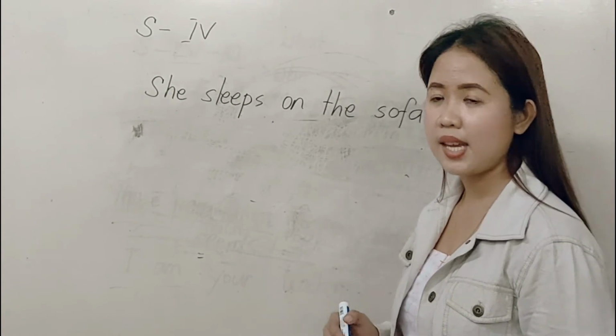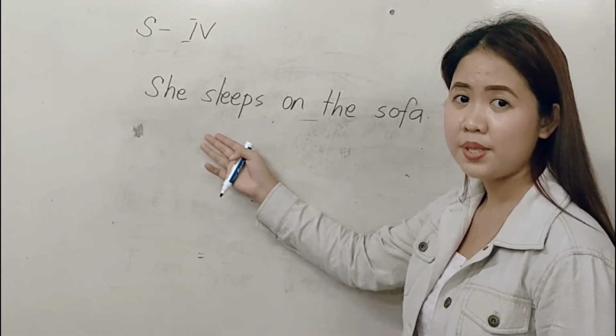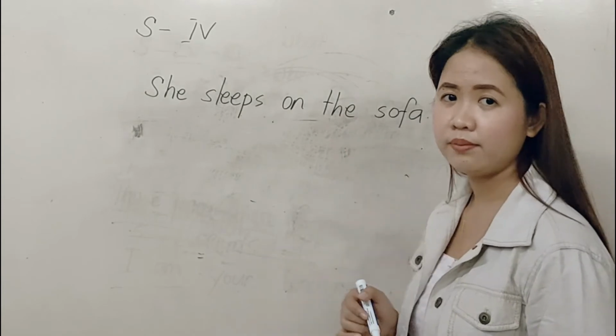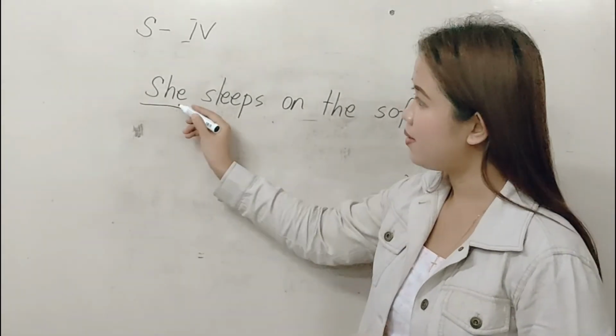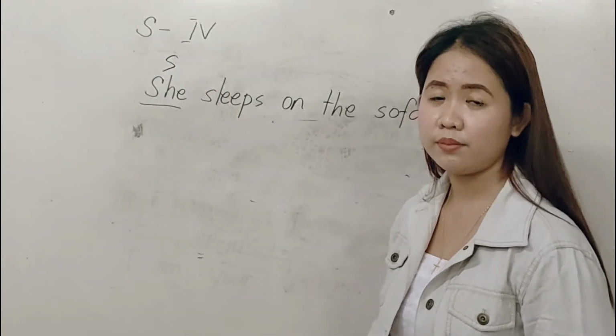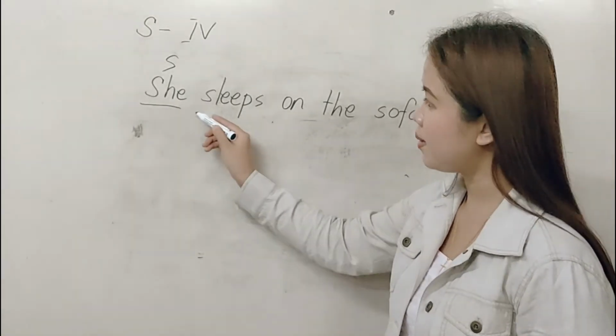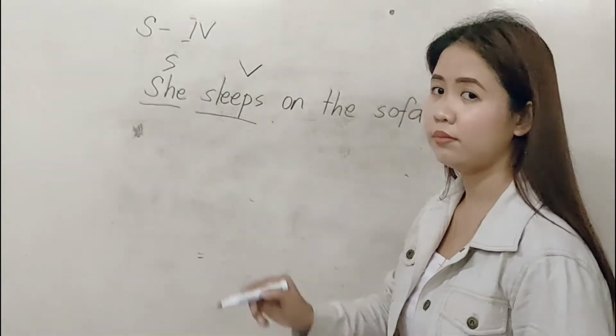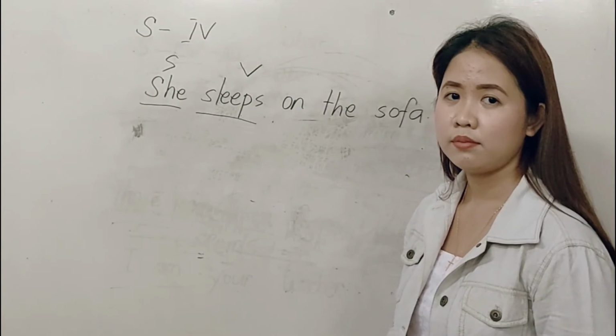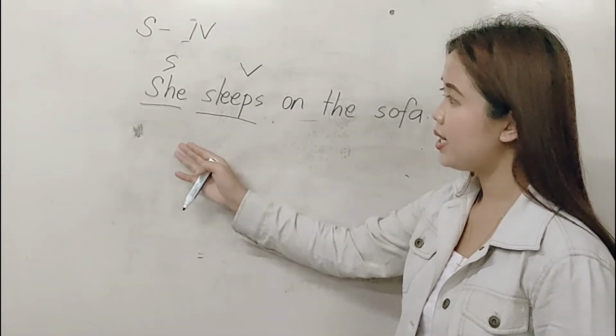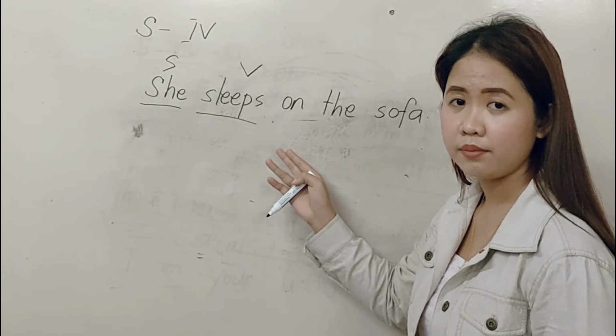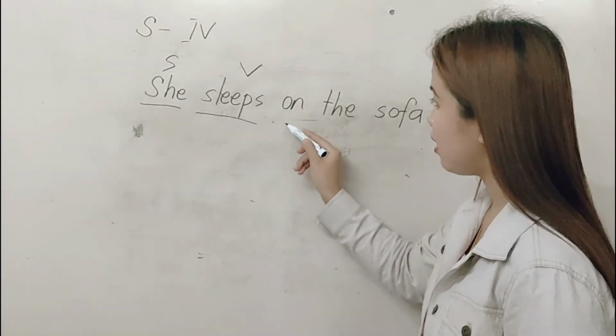Our next sentence is, she sleeps on the sofa. She is the subject. Sleeps is the verb. She sleeps where? The answer is on the sofa.